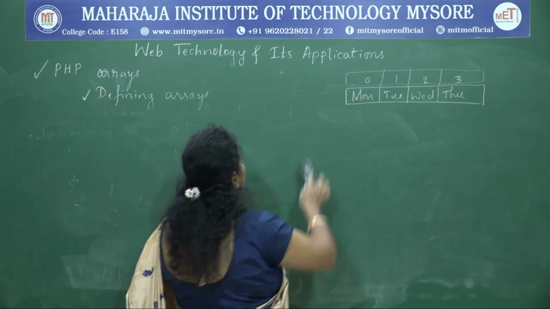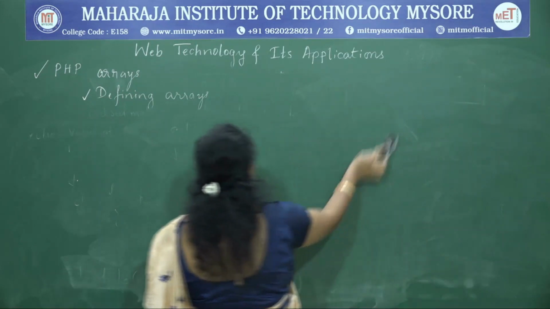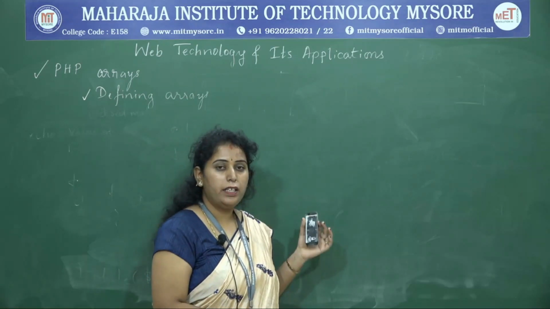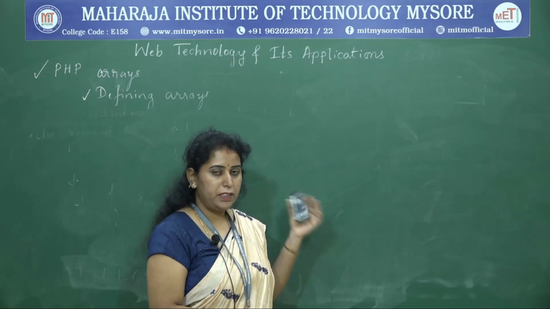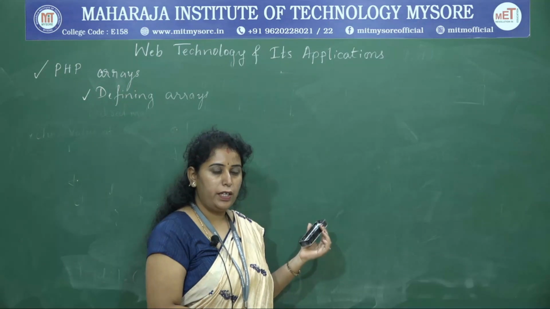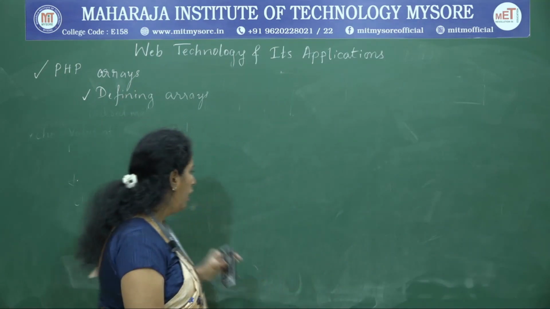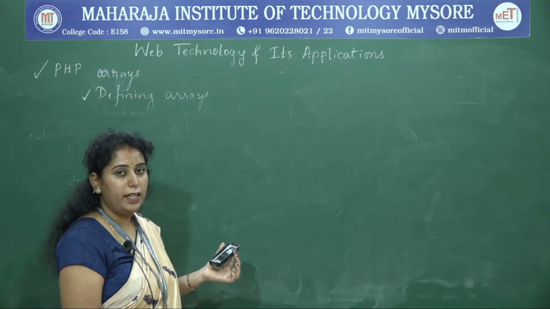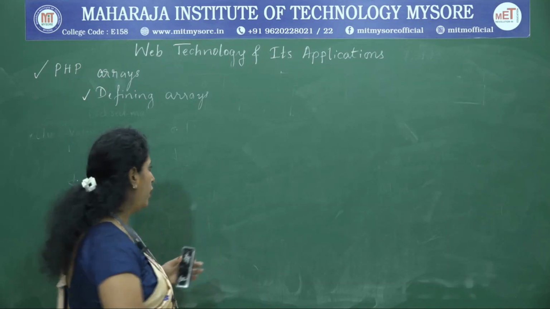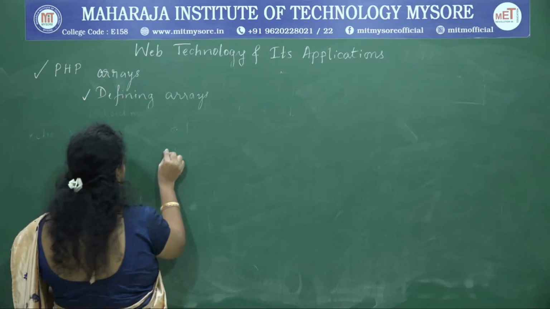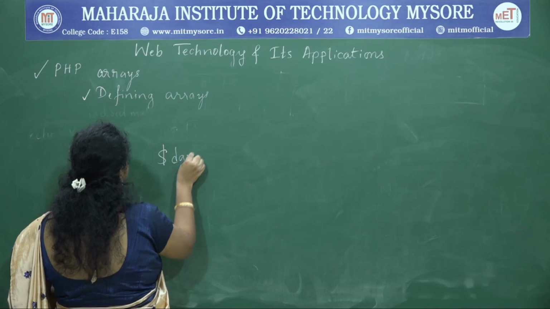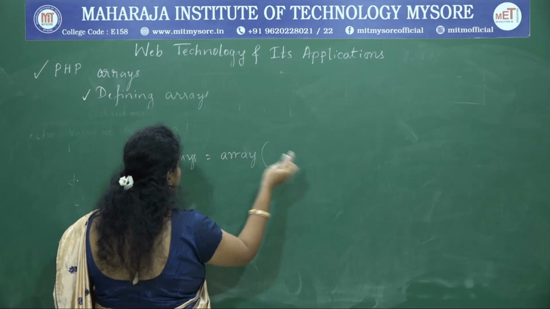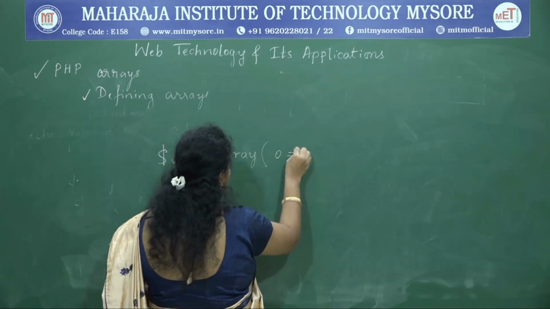So far I have discussed defining an array just by specifying values for an array, not by specifying keys. Now let me take up an example of how we can explicitly give keys for array elements. For example, $days equals array, I am specifying the keys in this way.